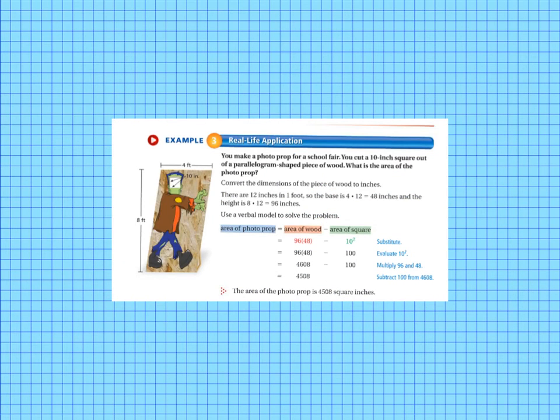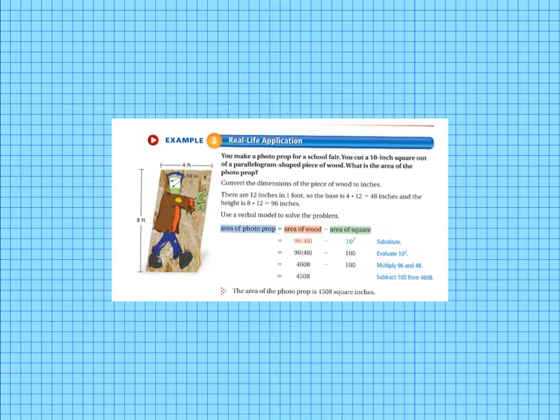For example 3, we have a real-life application. You make a photo prop for a school fair. You cut a 10-inch square out of a parallelogram-shaped piece of wood. What is the area of the photo prop?